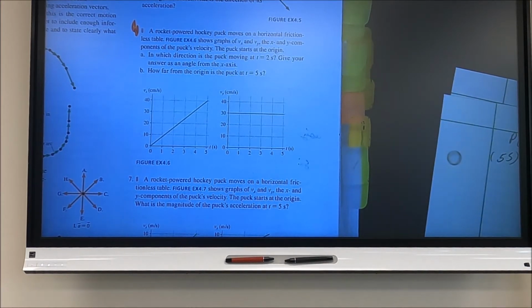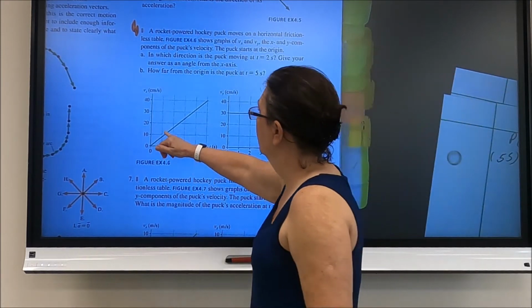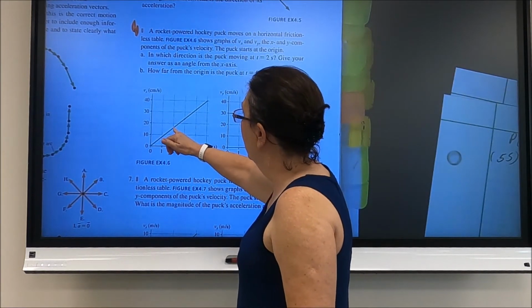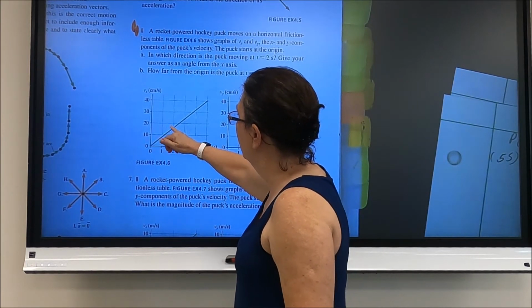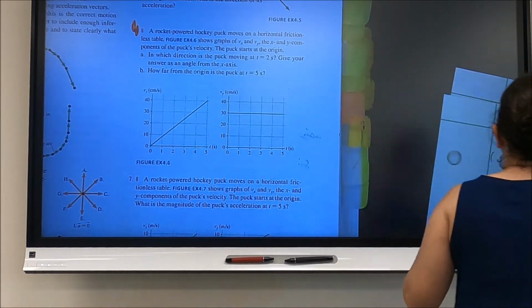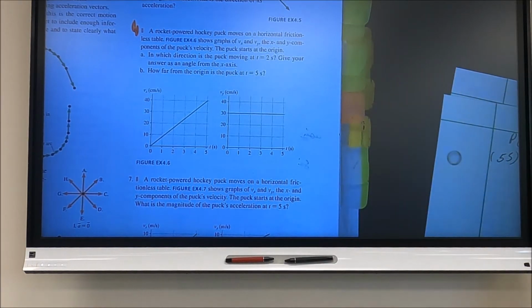There is an x component for the motion, and there is a y component for the motion, and we've got velocity versus time graphs. So at t equals 2 seconds, if I look here, the velocity in the x direction seems to be 15 centimeters per second.